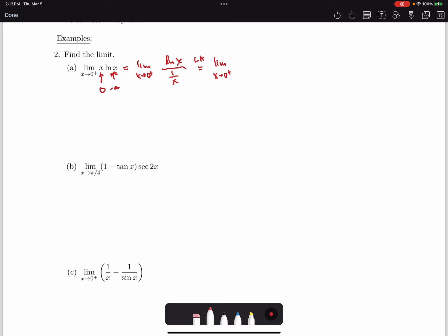Okay, so the derivative of ln of x is 1 over x. The derivative of 1 over x is negative 1 over x squared. We just saw it a second ago, right? Okay. Well, now let's carry out that division.